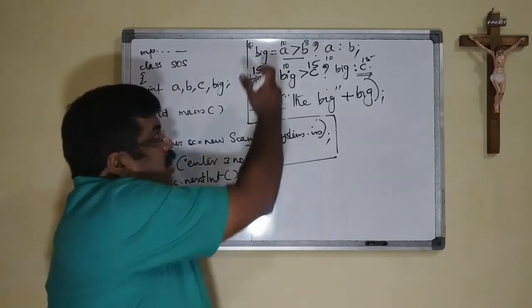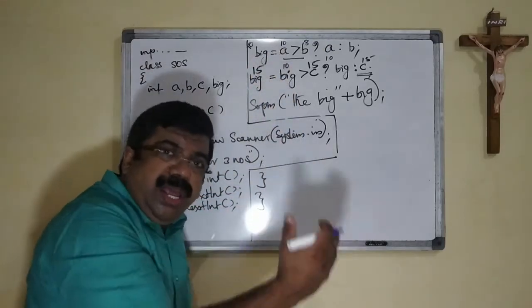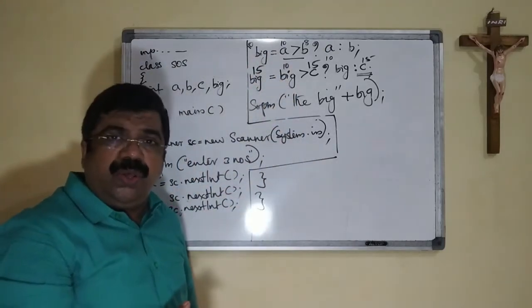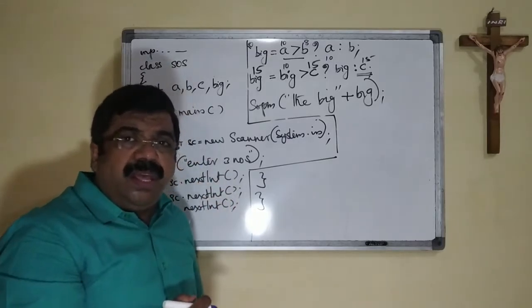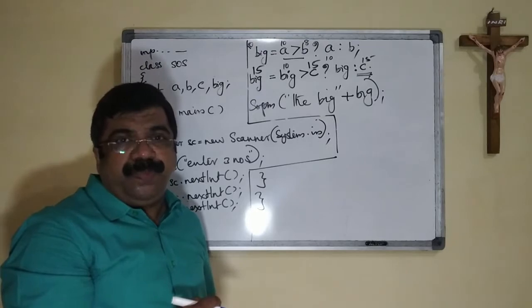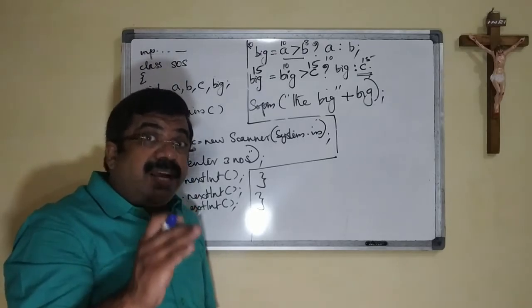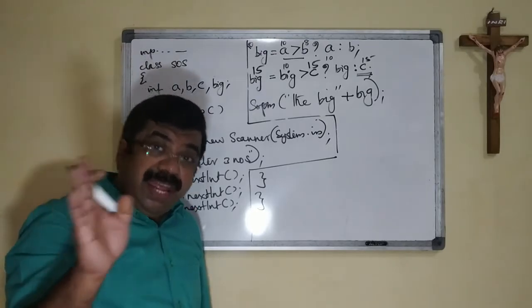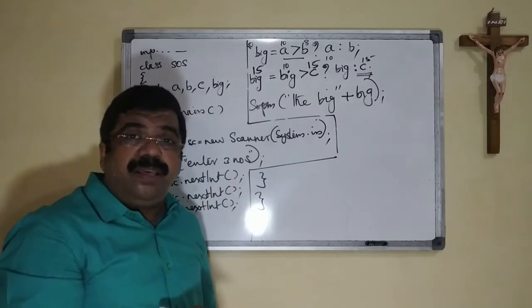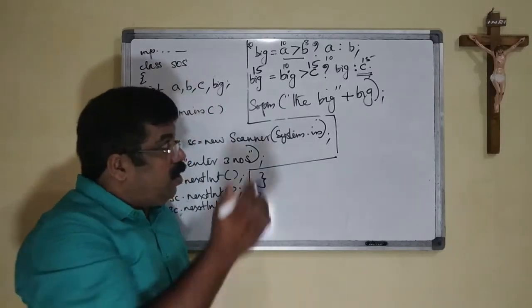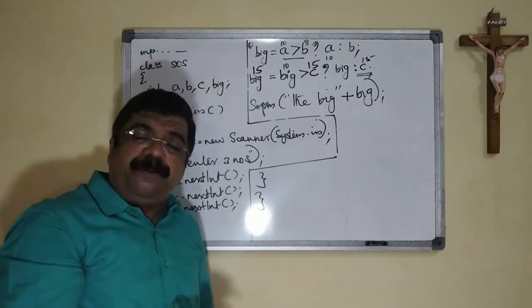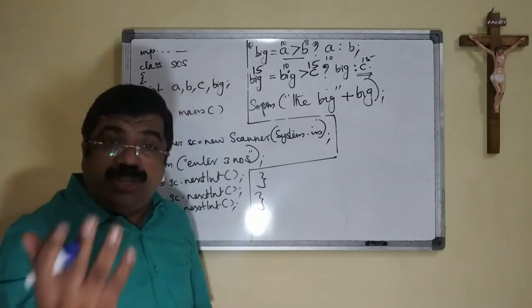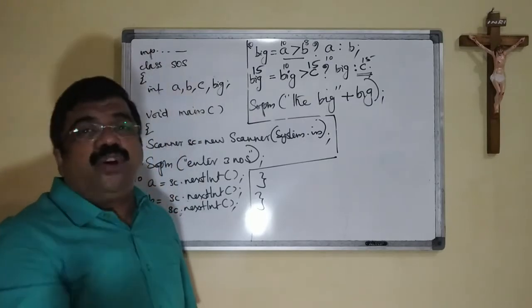Now, instead of going sequentially like this, we can have the nested version of the conditional operator. That means the conditional operator can be a nested one. That means expression 2 can be another conditional operator, or expression 3 can be another conditional operator.